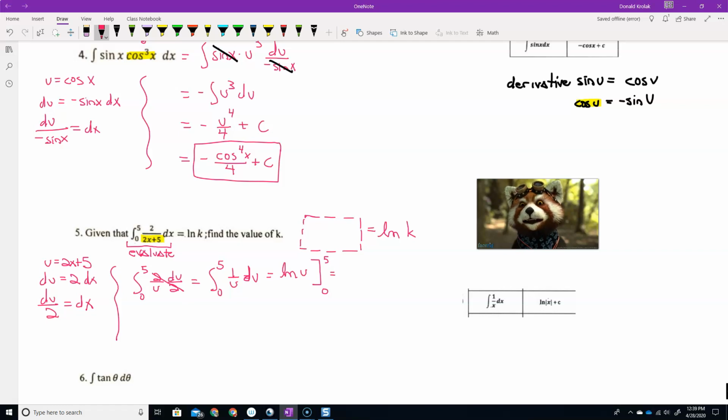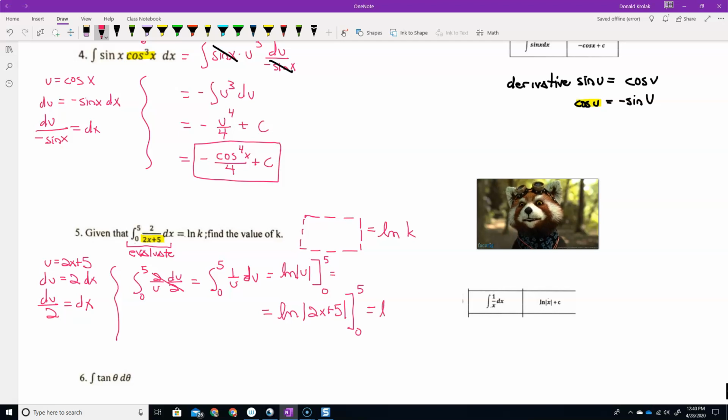Before I substitute, that should be an absolute value. So now I'm going to substitute in my u value. I'm going to put 5 in.